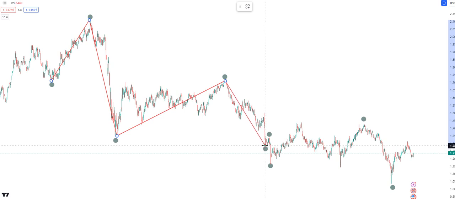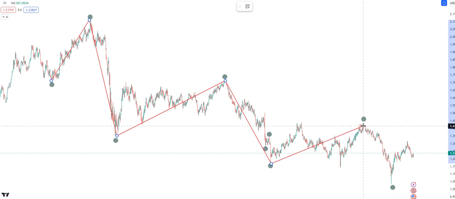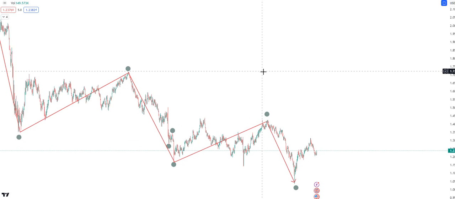From this break of structure, we had a not quite a retest, and then we just flushed down all the way here, and then we have this one here, and then we flushed all the way down. Okay, so this is what we have currently.